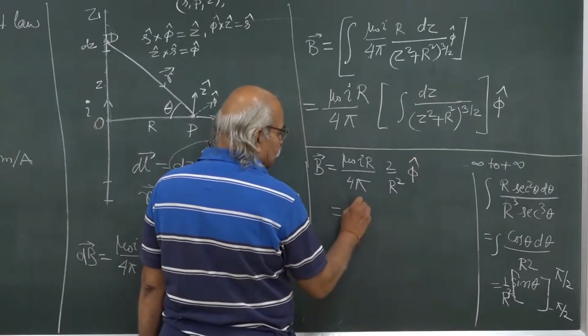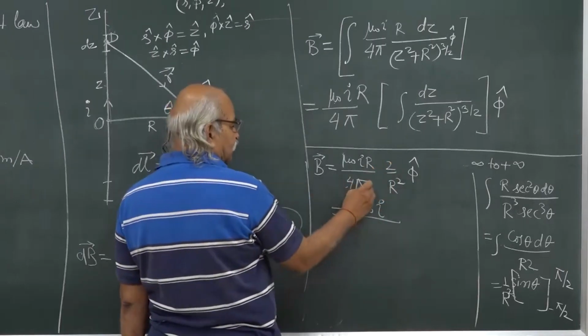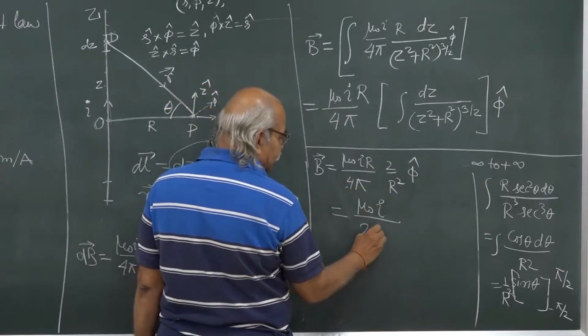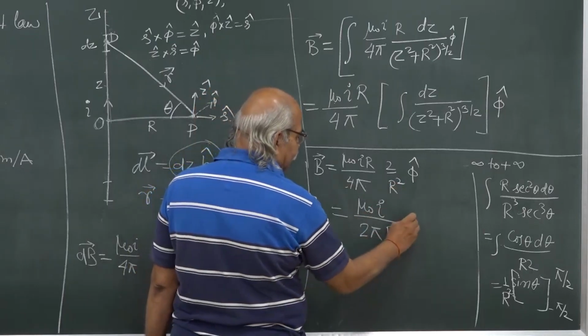This is equal to mu naught I, 2 here, 4 pi here, so 2 pi here, r square here, so r here, phi cap.